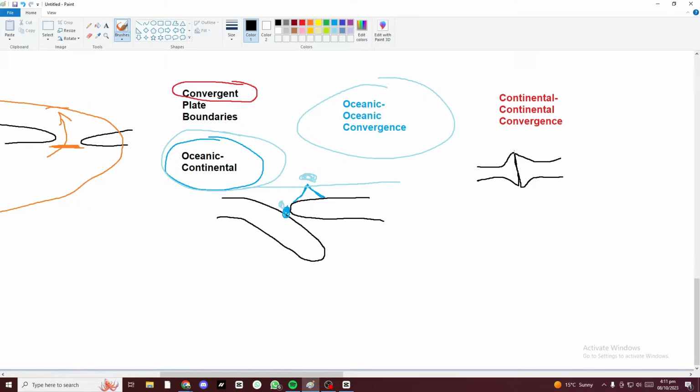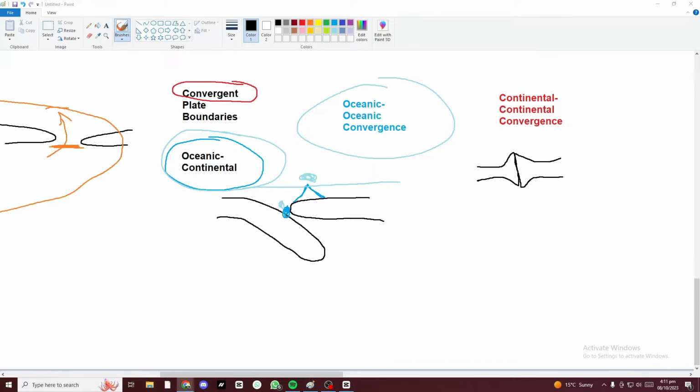So think of Mount Everest as the tallest mountain on Earth, and then just remember that it is formed at a continental plate boundary. And then, yeah, convergent plate boundaries cause volcanic activity, and they cause earthquakes.